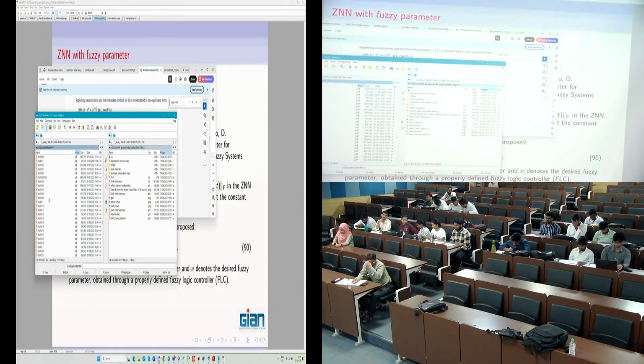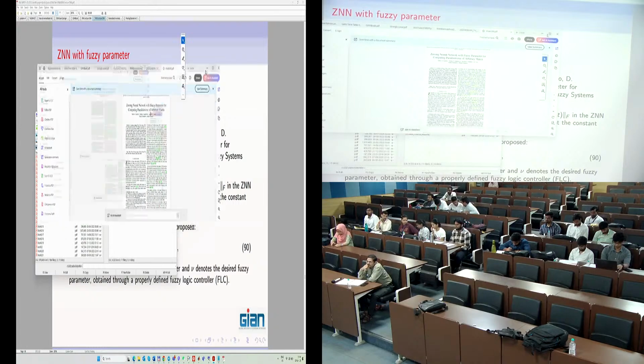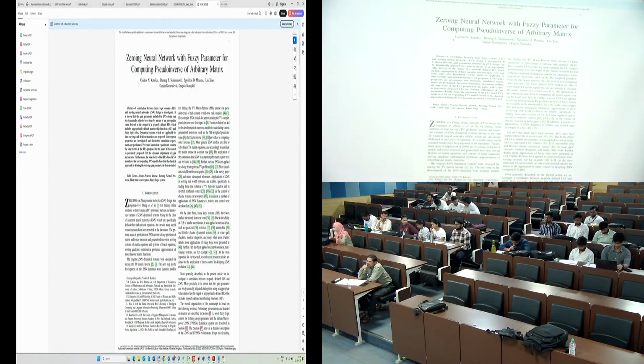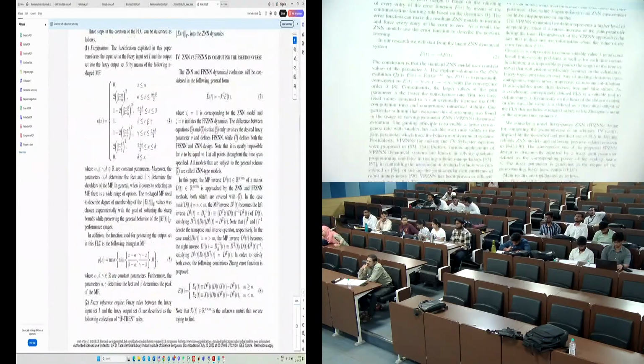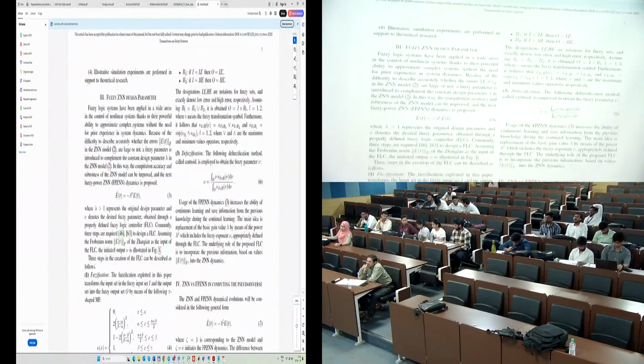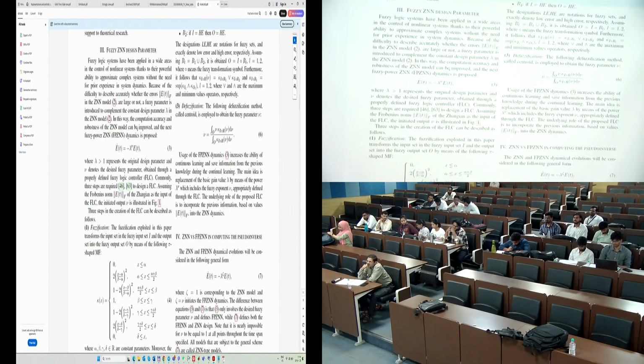300 is the number of this paper. I know it is a rough number. Here is our fuzzification. The membership function is defined in this way.